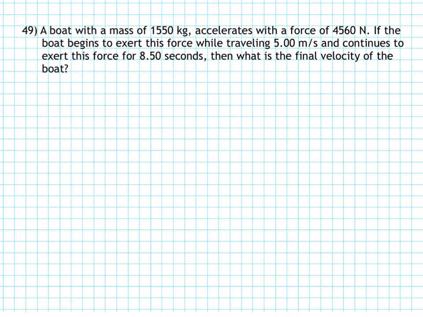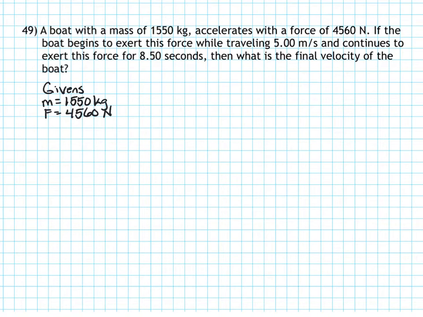To begin with, I'm going to start by listing my givens. Alright, I know the mass of the boat, 1,550 kilograms. I know it's moving with a force of 4,560 newtons.